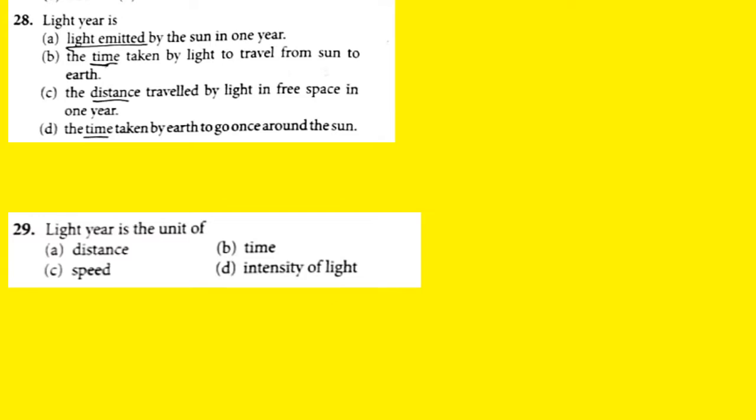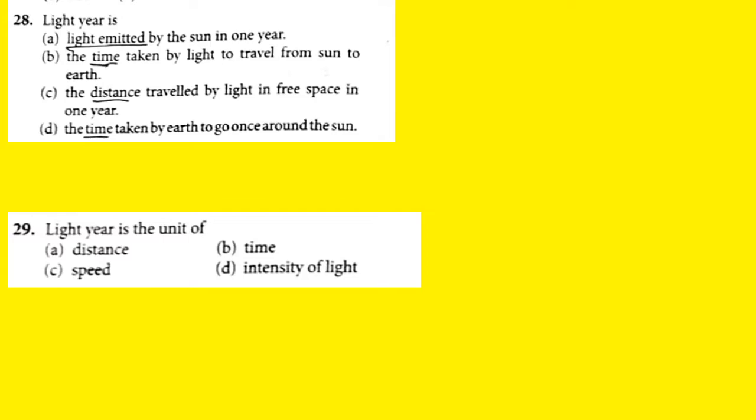Light year is light emitted by the sun in 1 year, the time taken by light to travel from sun to earth, the distance traveled by light in free space in 1 year, the time taken by earth to go once around the sun. So what is a light year?